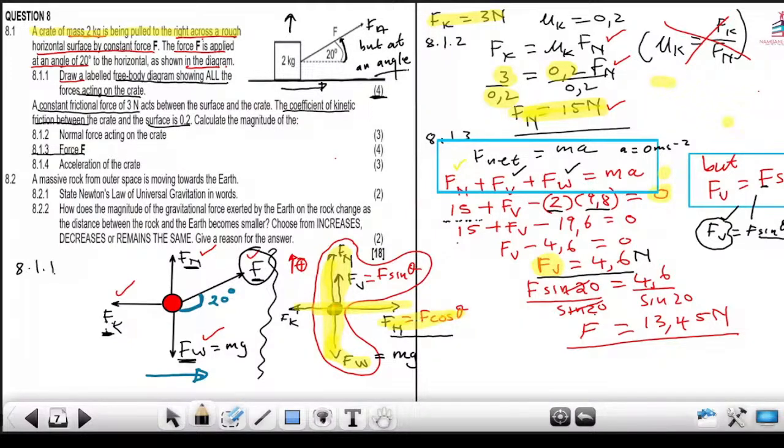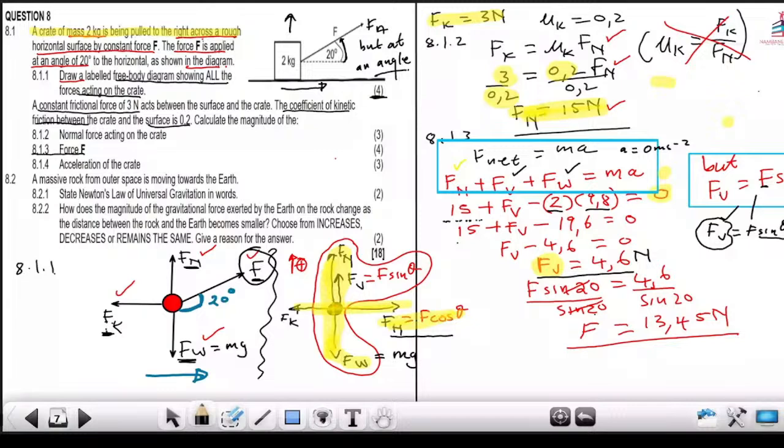Okay, Fnet is equal to MA. Now, let's look into the free body diagram. Do you see we have two free body diagrams? The one that I'm going to give to the examiner, the one with the red dot, and then this other one highlighted in yellow, which I am not giving to the examiner. It's only assisting me for the purpose of calculations. Why?